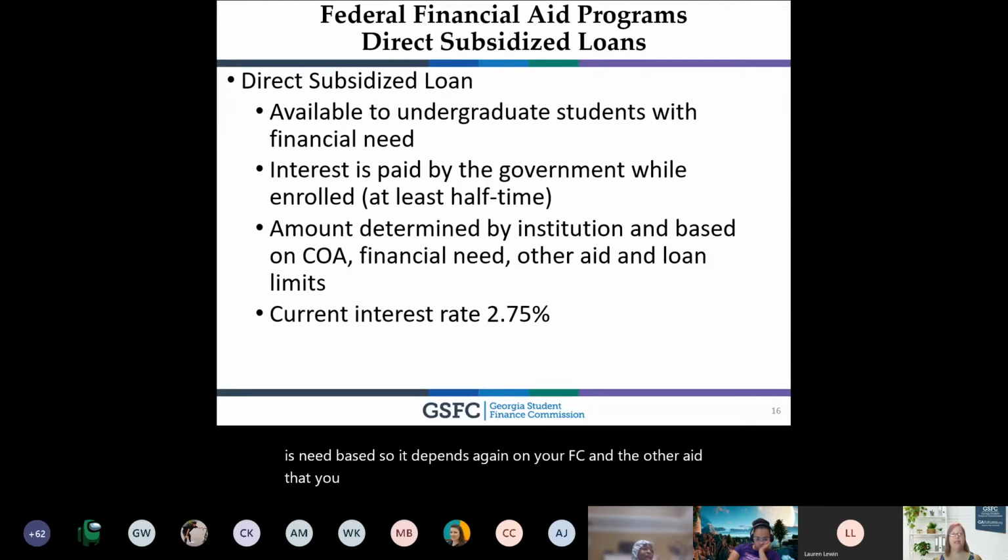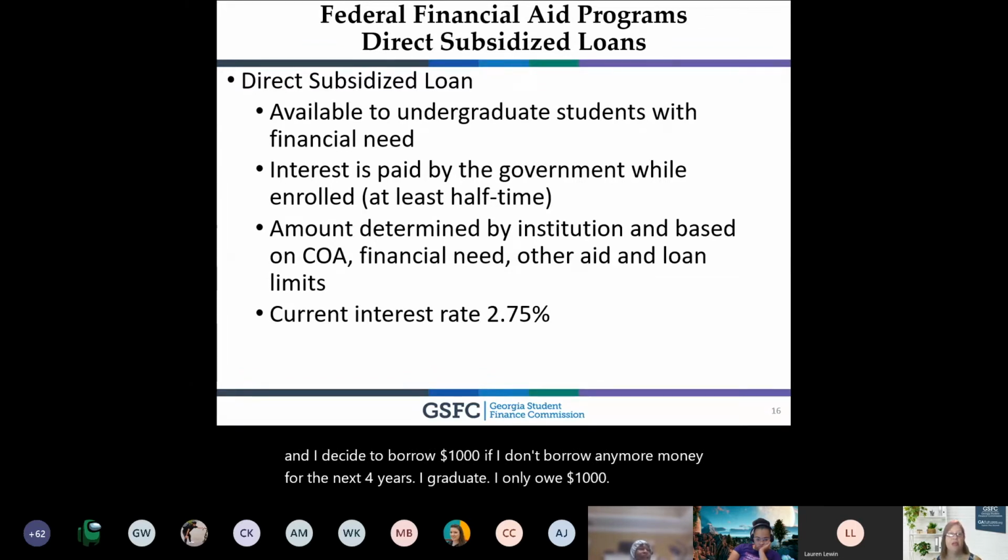But it means that the government will pay on the interest while you're in school. So if I'm a freshman and I'm offered a subsidized loan and I decide to borrow $1,000, if I don't borrow any more money for the next 4 years, I graduate, I only owe $1,000.